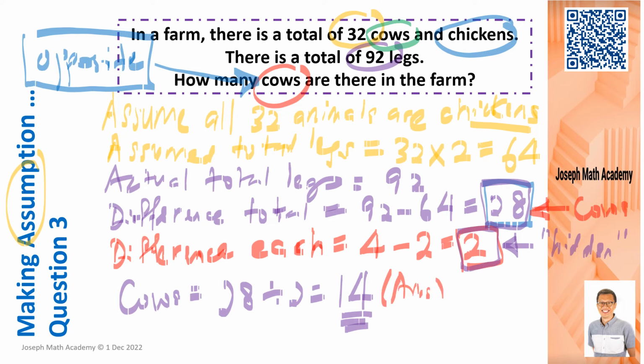Now, we can double check that this assumption method works by proving that we are true. So let's do a proof. If there are 14 cows, and each cow has 4 legs, so 14 times 4 will give you 56 legs in total.